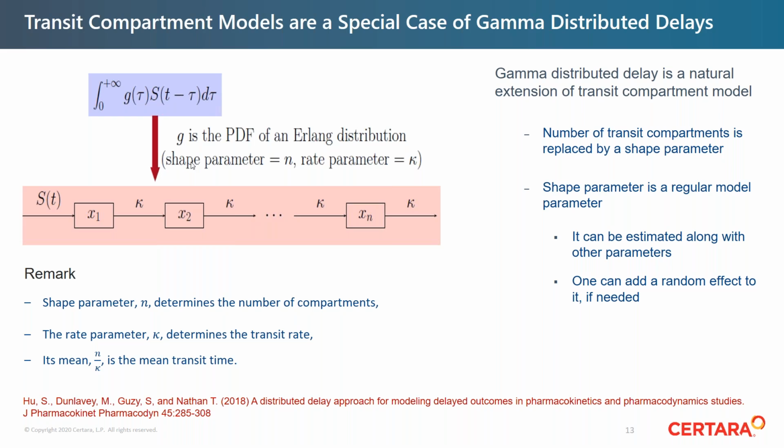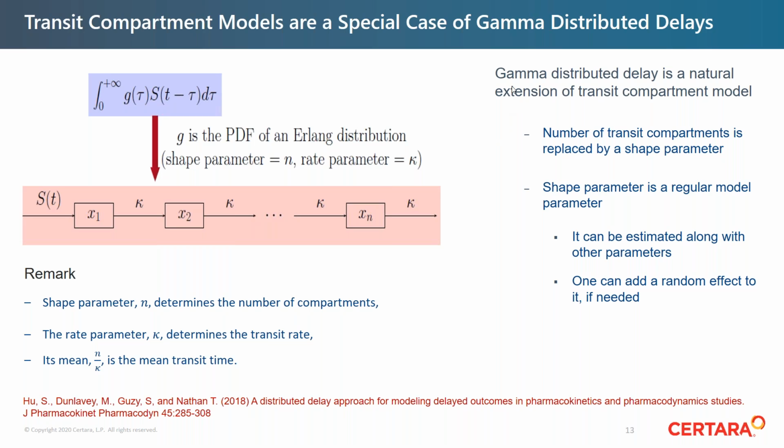Now you can see that the shape parameter determines the number of compartments, and the rate parameter determines the transit rate. And its mean is just the mean transit time. Now for more information on this, you can refer to our 2018 paper.